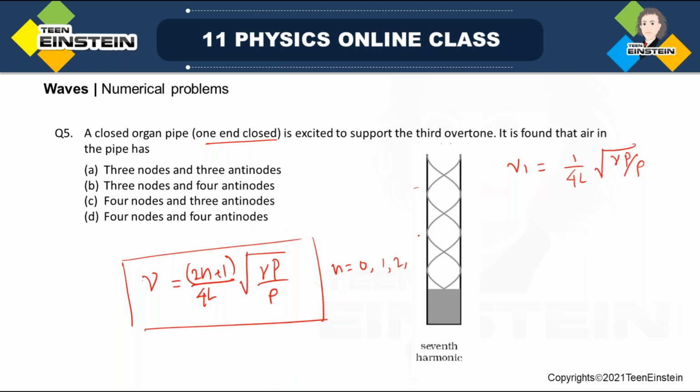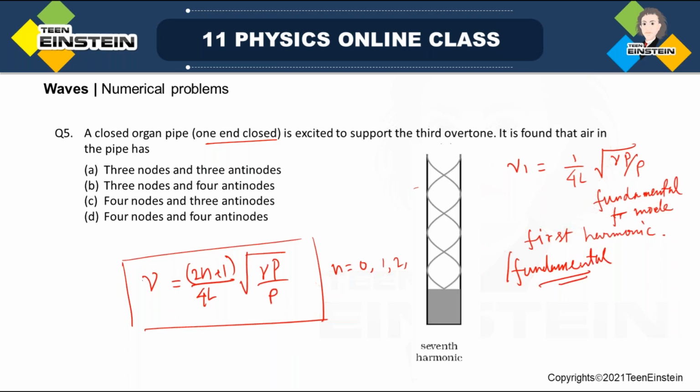When n is equal to 0, it is the fundamental frequency, or fundamental mode of vibration. It is called the first harmonic, or fundamental note. This term you have to remember, fundamental note.